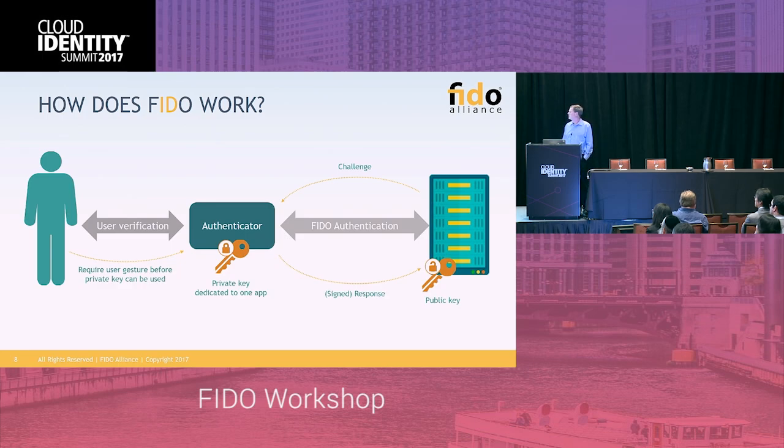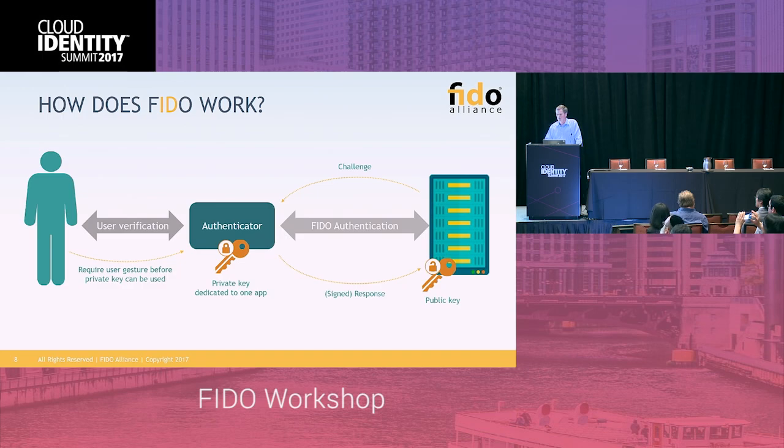And so how this actually happens is, the end user is going to use the authenticator. The authenticator is the thing that actually generates the cryptographic keys and the signature. And usually to release the cryptographic operations, you need a gesture of some sort. Gesture could be a fingerprint, could be some sort of biometrics, it could be just touch a button, a user presence type of situation.